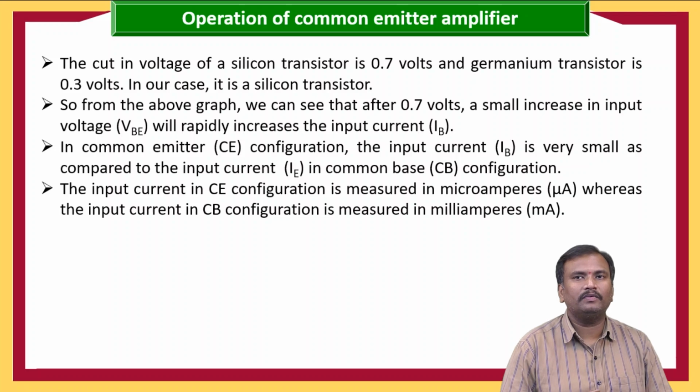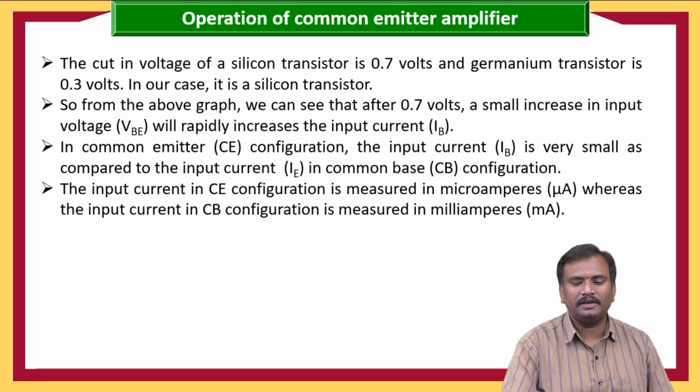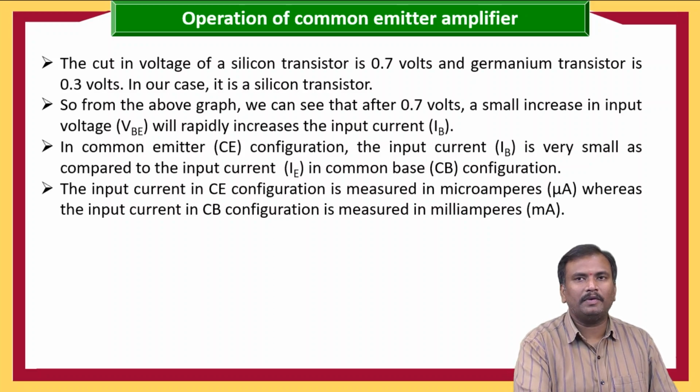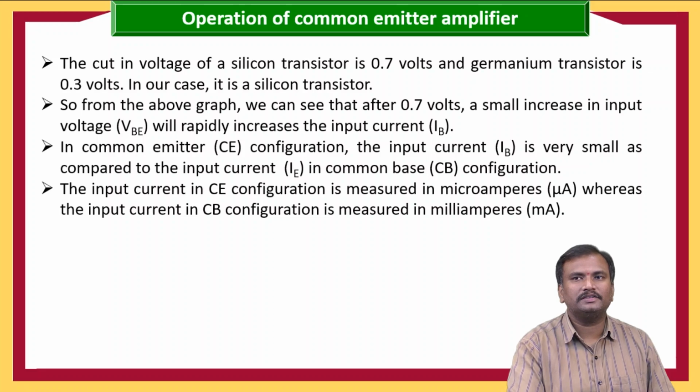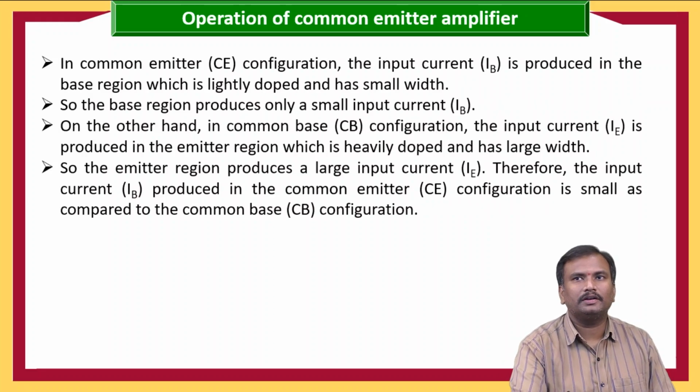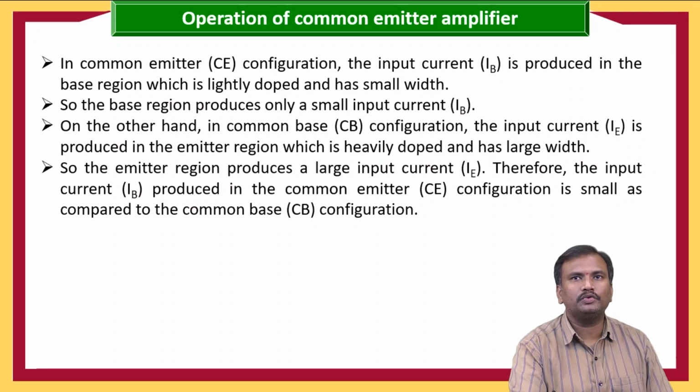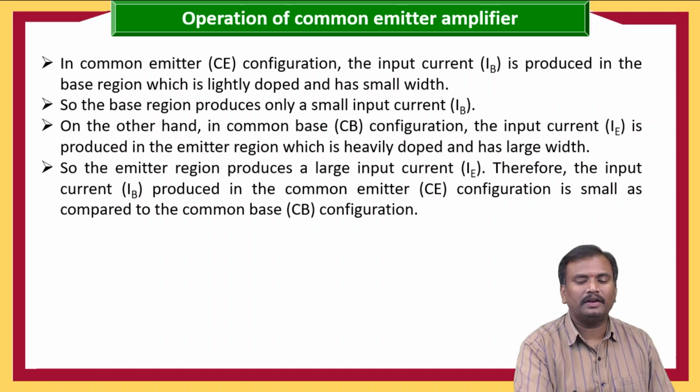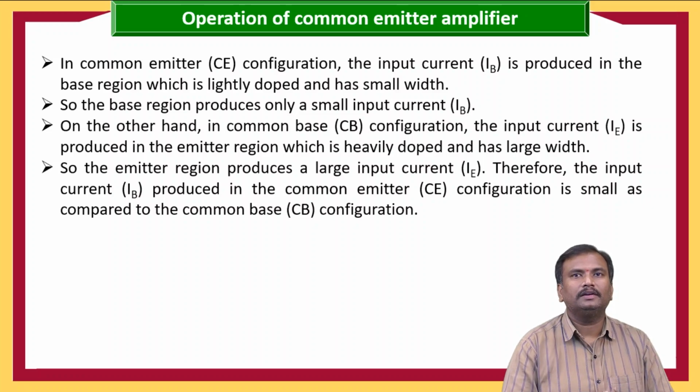Whereas when we go with common emitter configuration, the input current is in microamperes, whereas in common base configuration, it is in milliamperes. In common emitter configuration, the input current is produced in the base region, which is lightly doped and has small width.